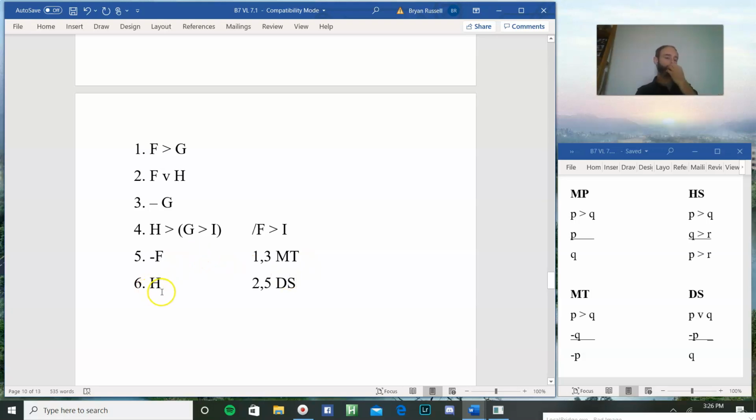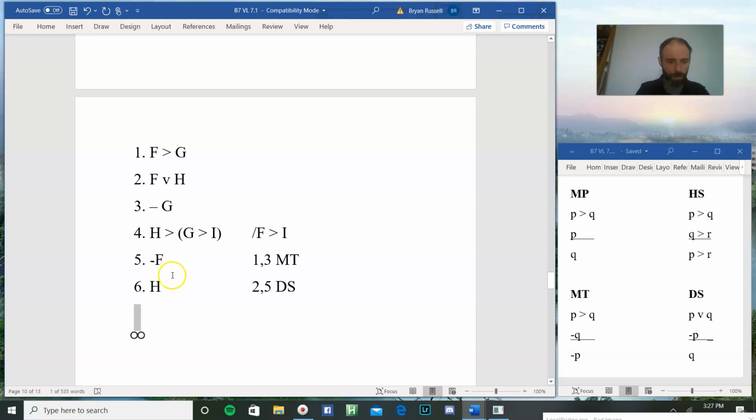And now we have a new piece of information. We have H. So what can we use H to get? Nothing with line 1. Nothing with line 2. Nothing with line 3. Here, line 4. We can use H with line 4. So here we have the horseshoe being the main operator, and we have everything to the left of the horseshoe on another line.